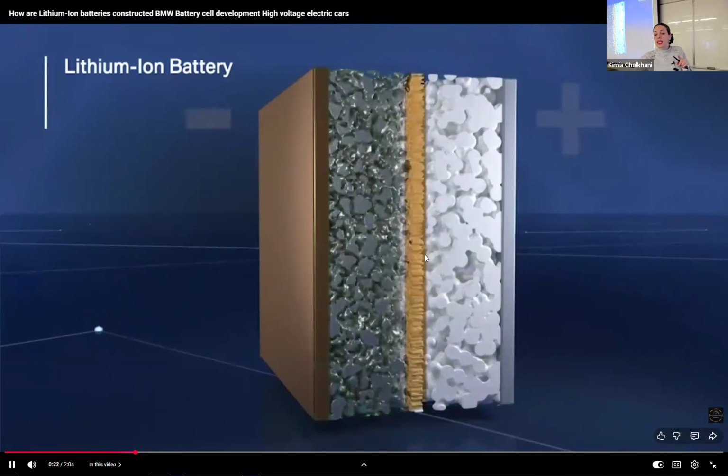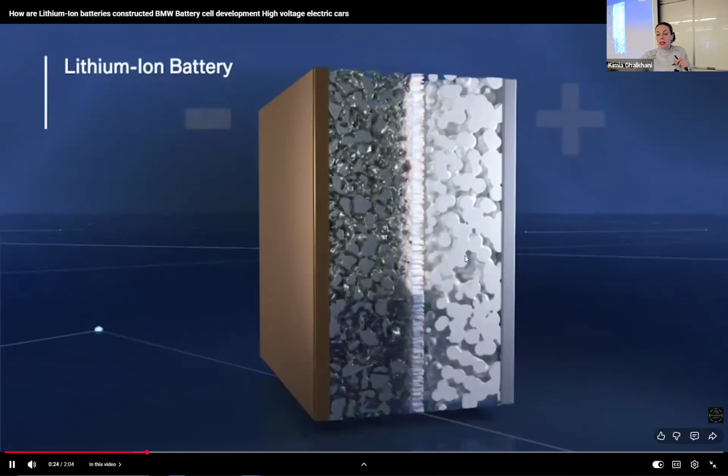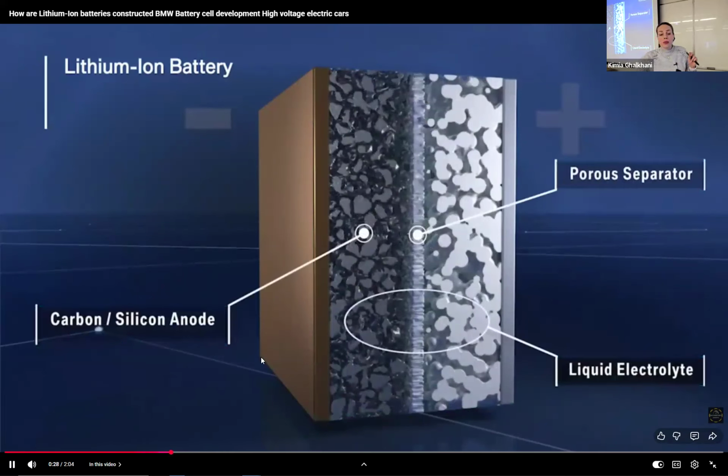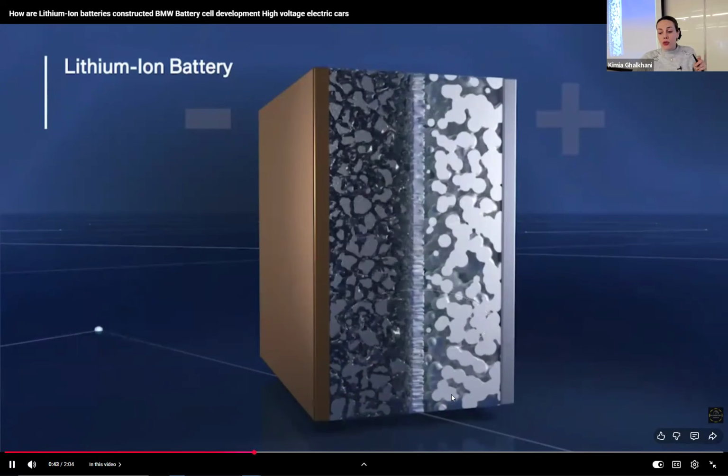If any of these layers inside the battery is removed, that battery is dead. Therefore, for lithium-ion batteries, we always need the porous separator. We need the liquid electrolyte, and definitely, in this case, this is a silicon anode, right? So these are the main structure, and they have to be always here.